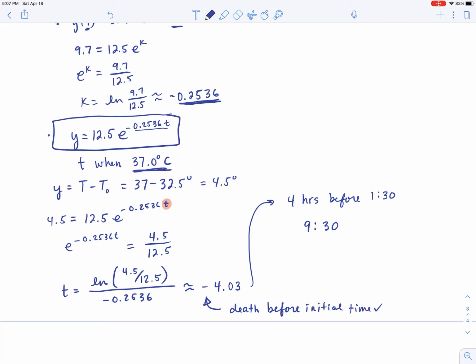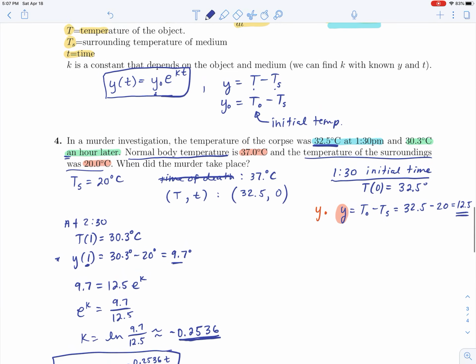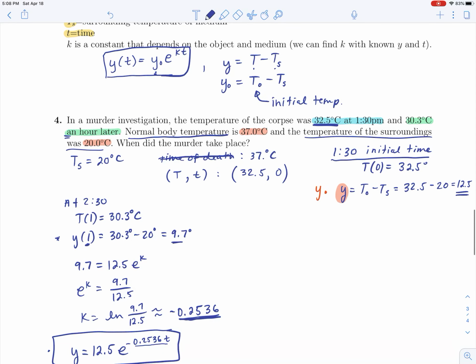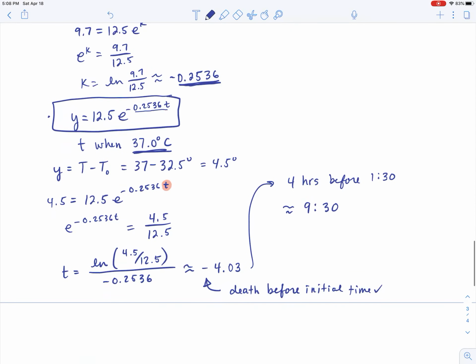So 9, 10, 11, 12, 13. Yes. So 9:30, and this must be AM. Wait. This was at 1:30 p.m. So yes, this is at 9:30 a.m. And that's time of death.